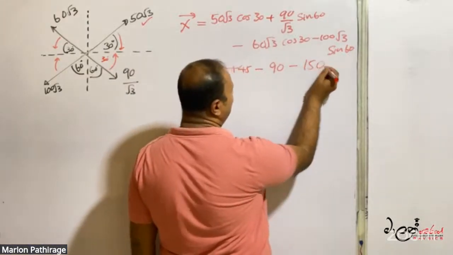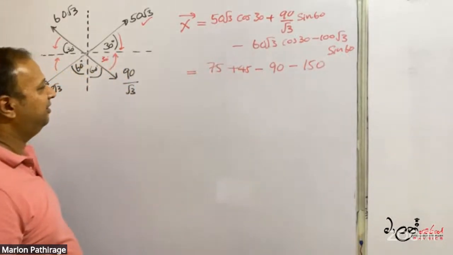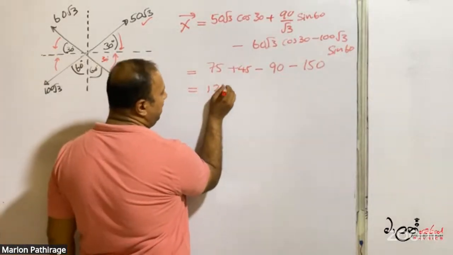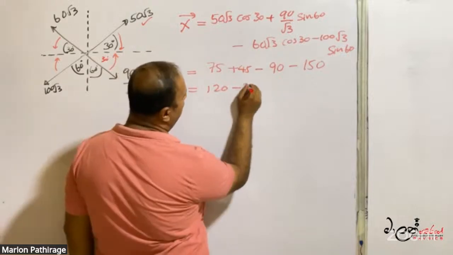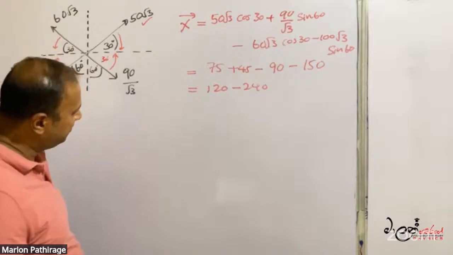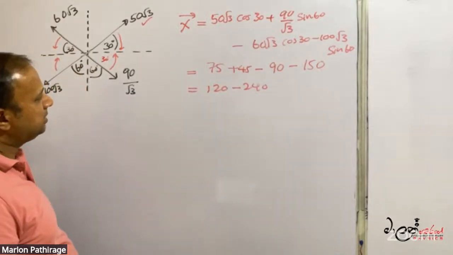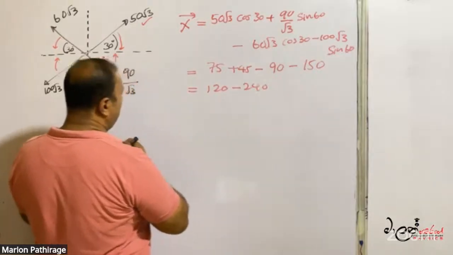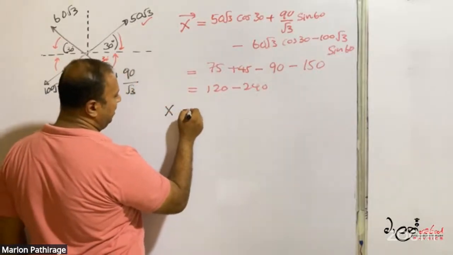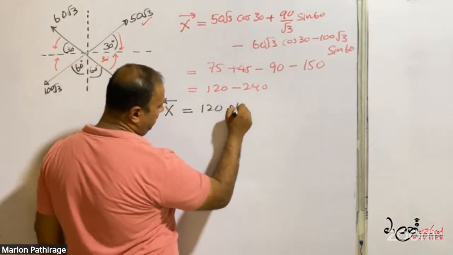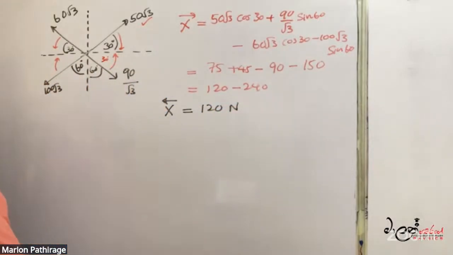So this one is 120 minus 240. 120 minus 240 means 120 in the other direction. Therefore, the x component is equal to 120 in this direction.